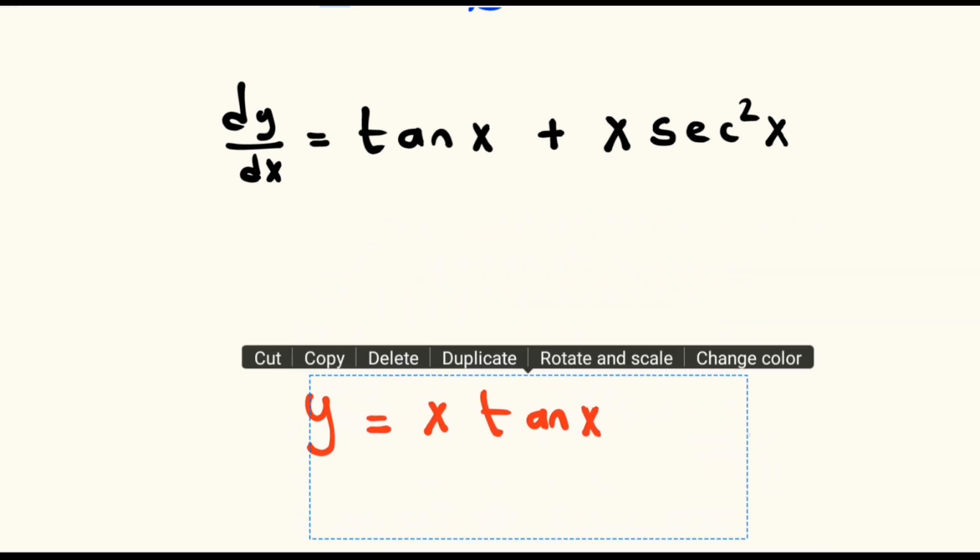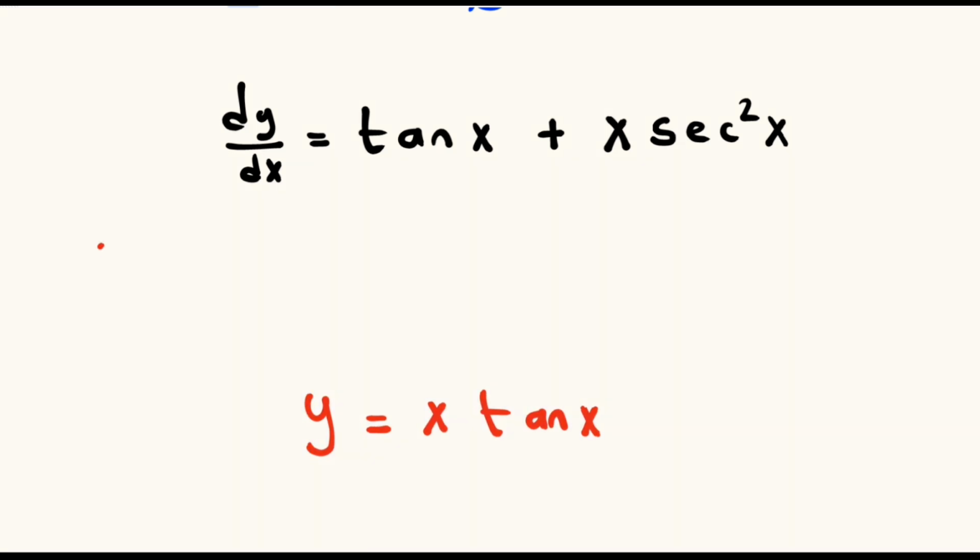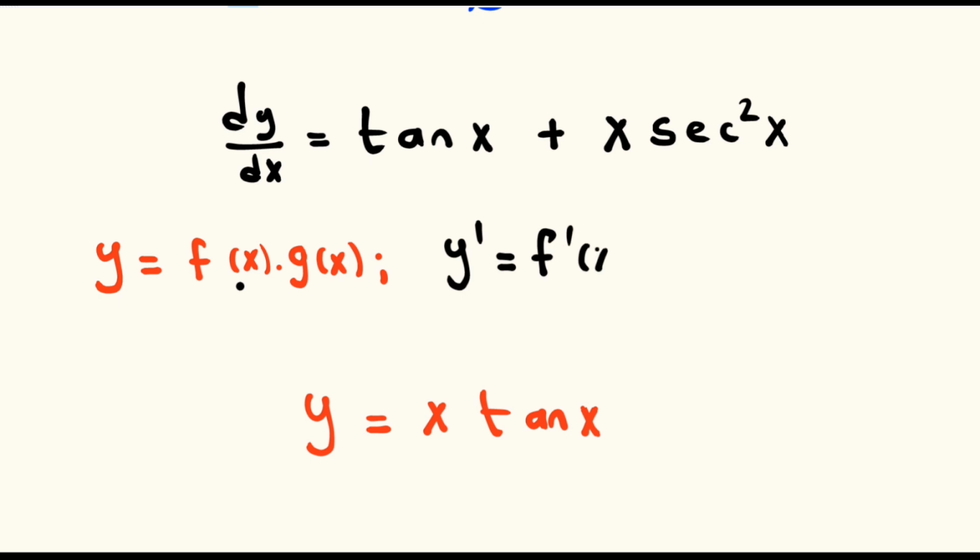Remember that the product rule states that if you have y is equal to f of x multiplied by g of x, then the derivative of the y will be equal to the derivative of the f of x multiplied by g of x plus the derivative of the g of x multiplied by the original function f of x.